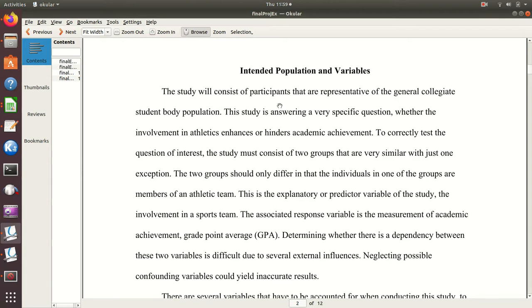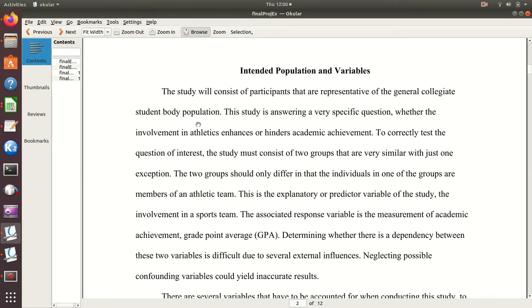So the study will consist of participants that are representative of the general collegiate student body population. Well, now there I take a little exception to that in that they told us they're just going to look at Lindsey Wilson College students. And well, is that really the general collegiate student body population?